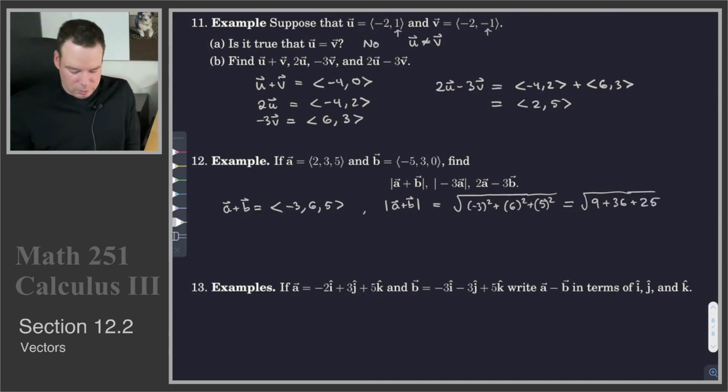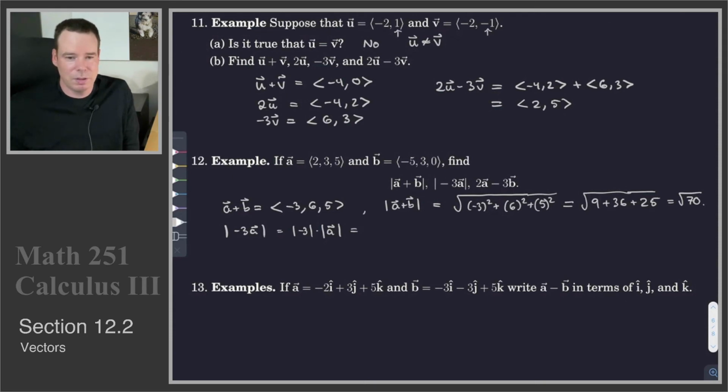36 and 25 is 61, plus 9 is 70, so this is going to have a value of root 70. What's the magnitude of -3A? Well, we can use one of the results that says that's just the absolute value of the scalar times the length of the vector, because all we've done by multiplying by -3 is change the direction of the vector, make it point in the opposite direction, and scale it by a factor of 3.